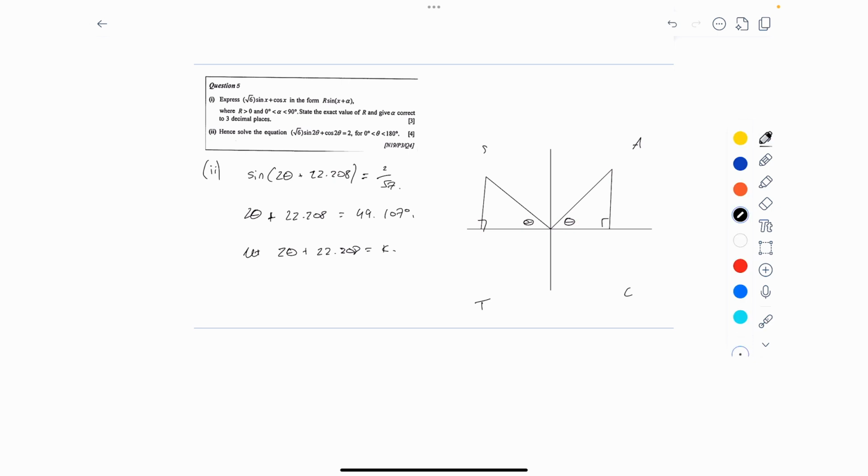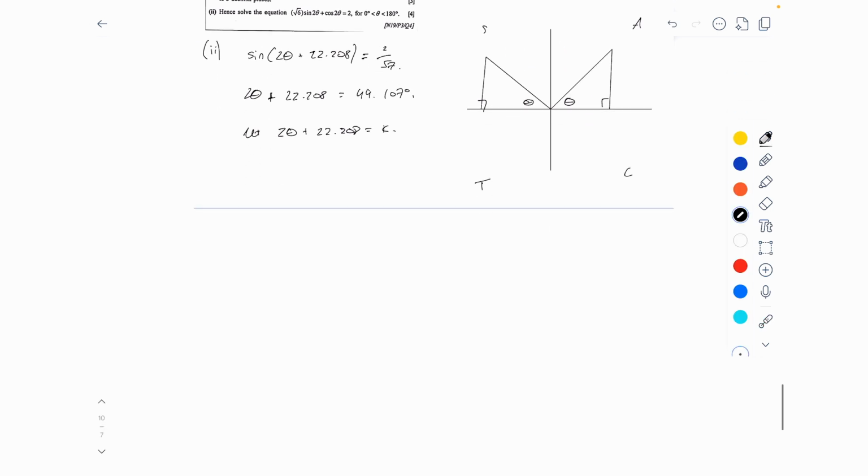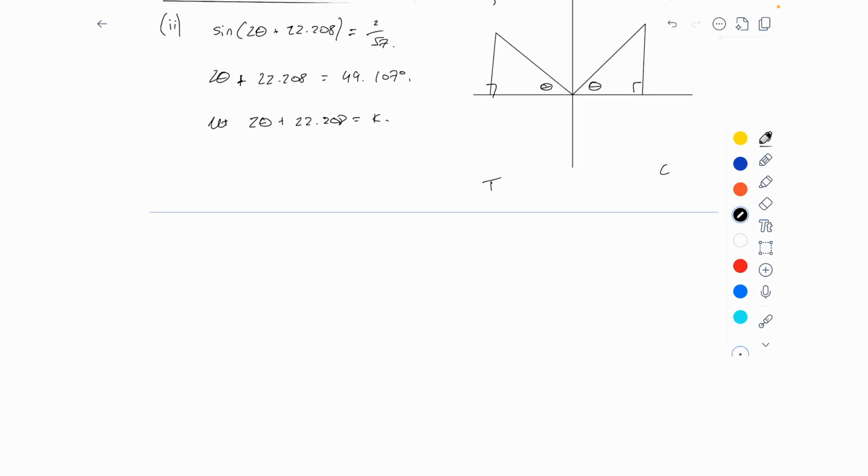So k is going to equal 49.107, or it could equal 180 minus theta. So it could also equal 130.893, right?